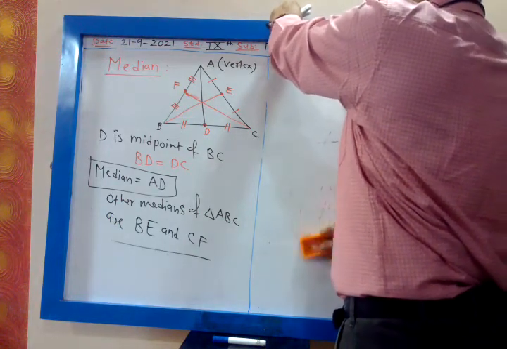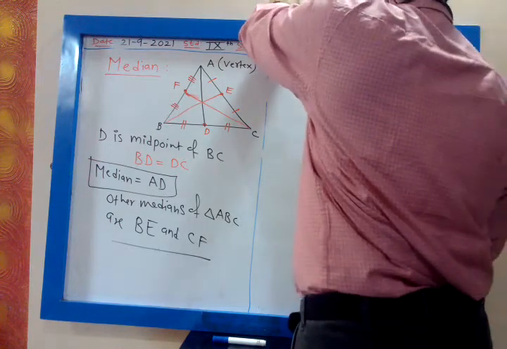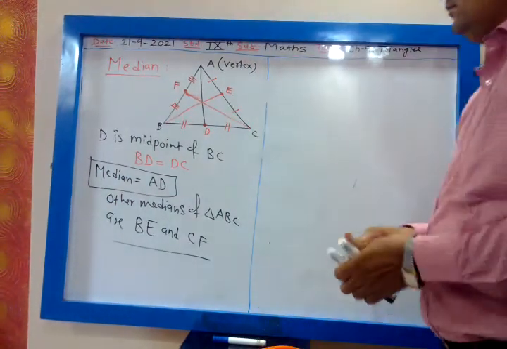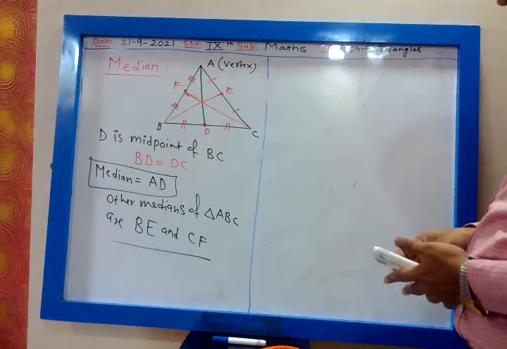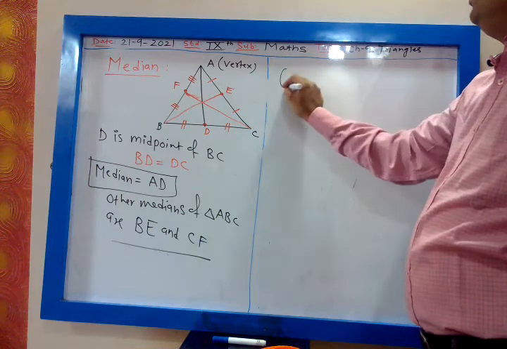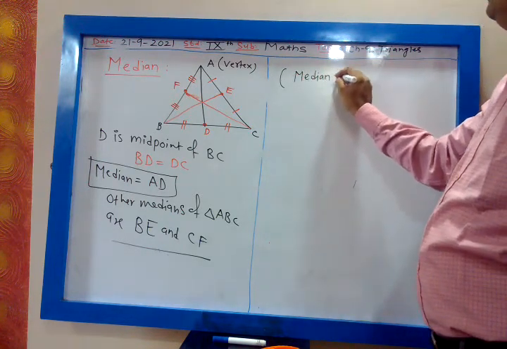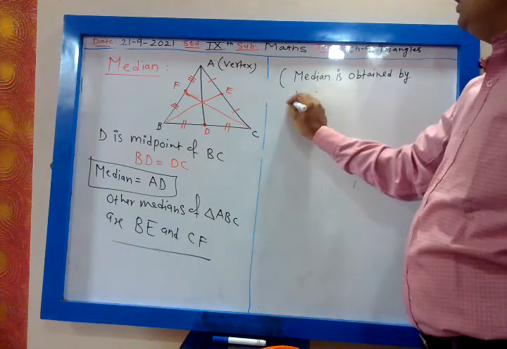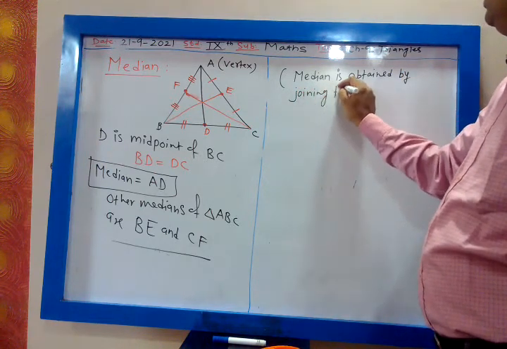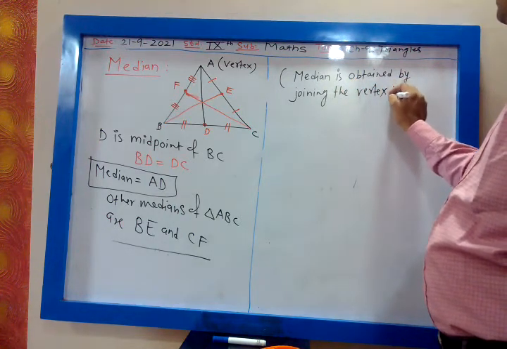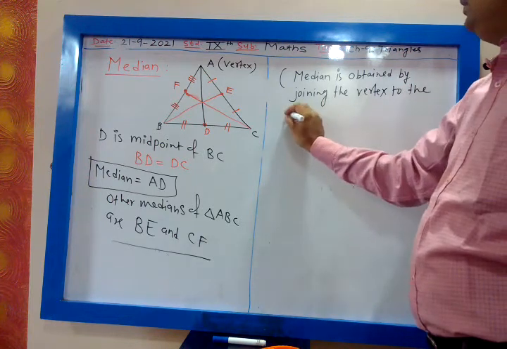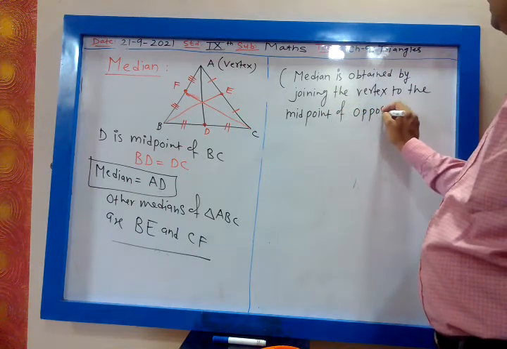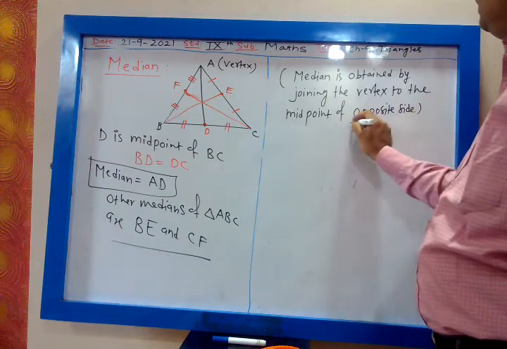Is it clear? So write this down if you want. Median is obtained by joining the vertex to the midpoint of the opposite side. You will get a median.